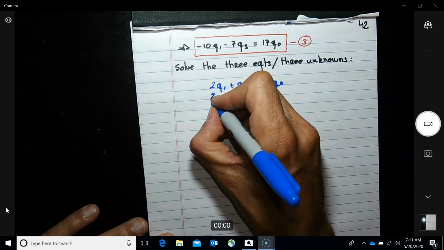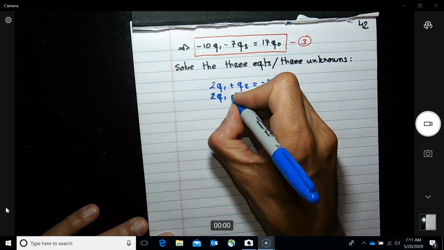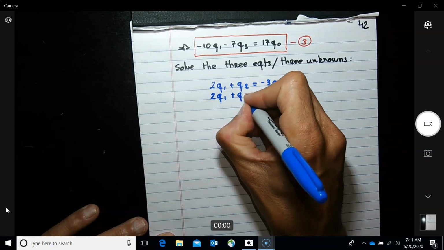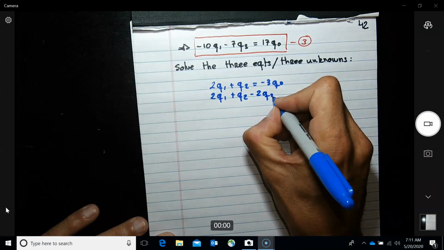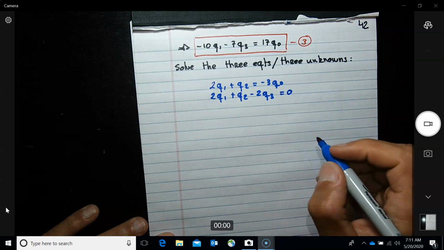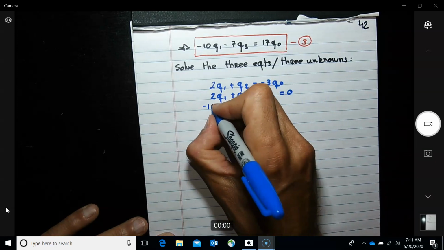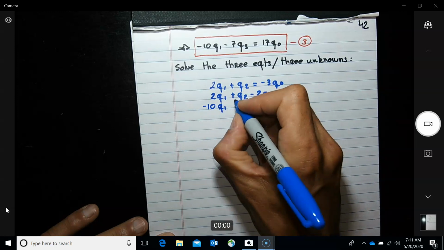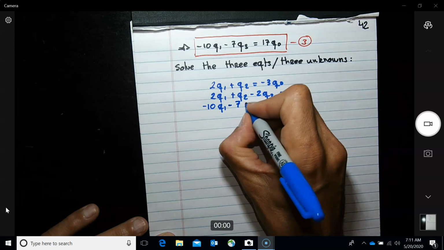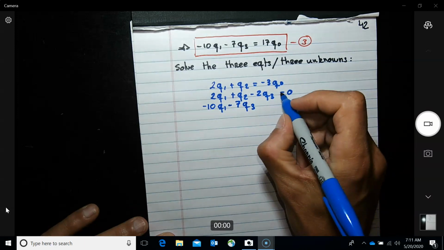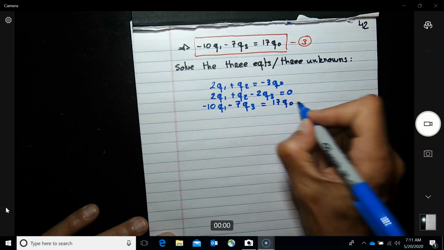Equation 2, 2q1 plus q sub 2 minus 2q sub 3 equal to 0. And our last equation is minus 10q1 minus 7q3 to be equal to 17q sub naught.